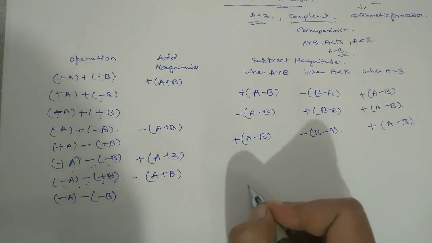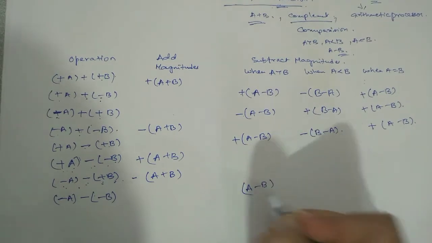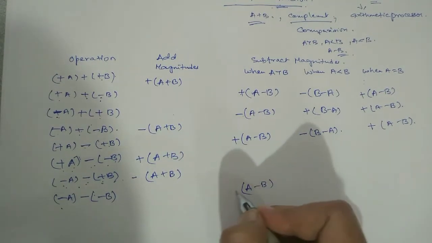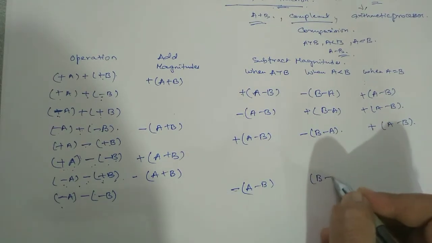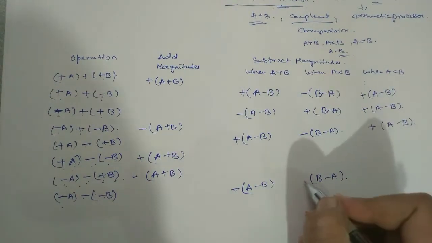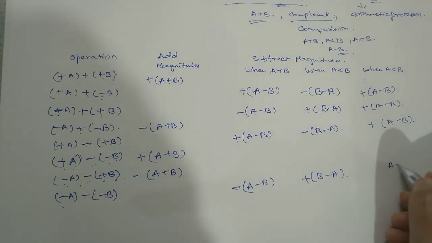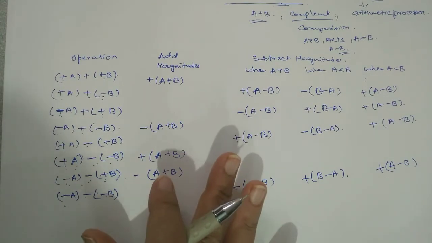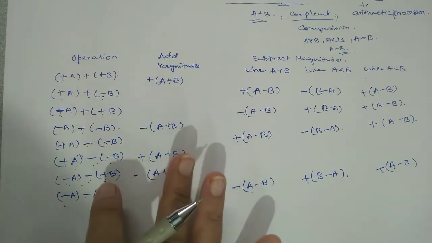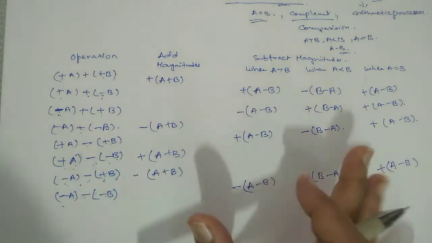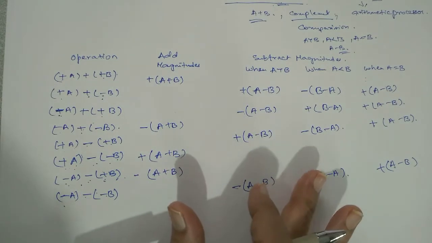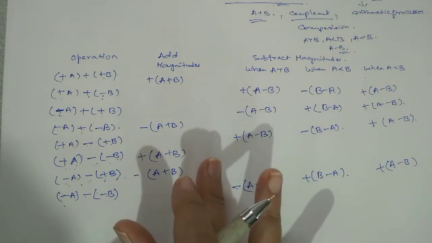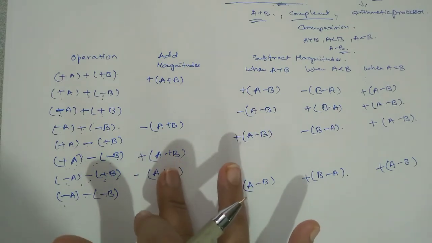And here minus A minus B, as the sign of A is minus: B minus A, minus into minus is plus, and here A minus B, plus. So these are all the different possibilities of executing, whether we execute add magnitude or subtract magnitude.